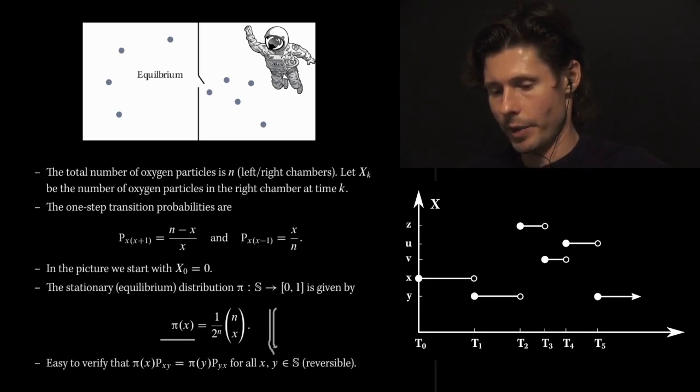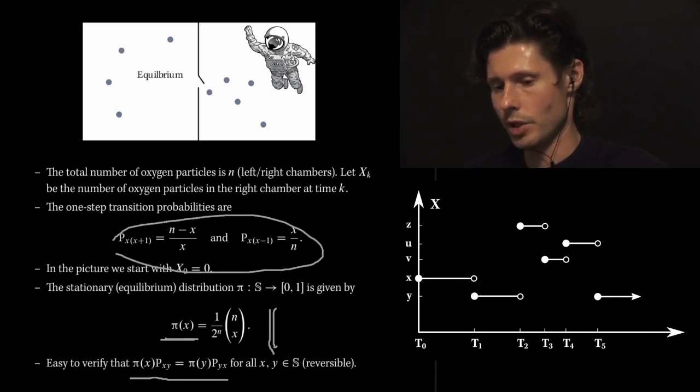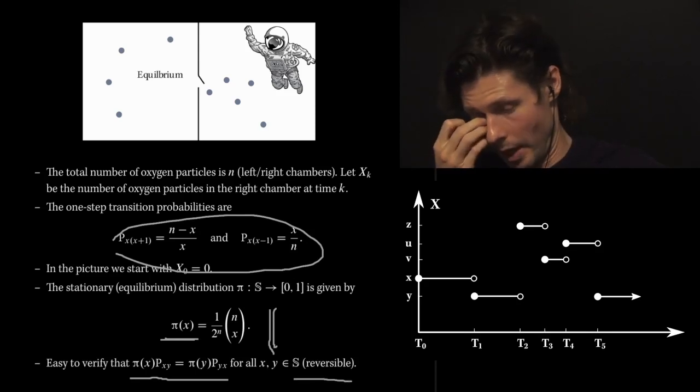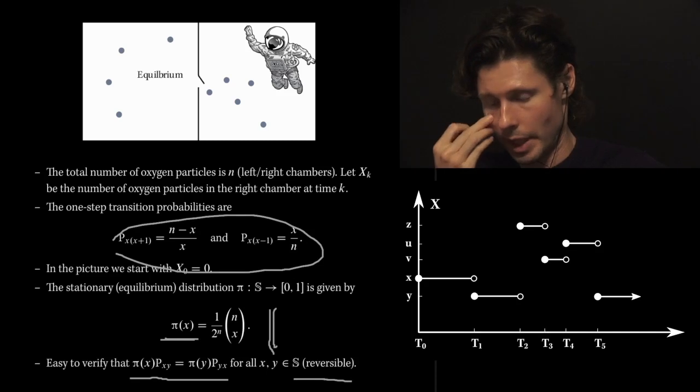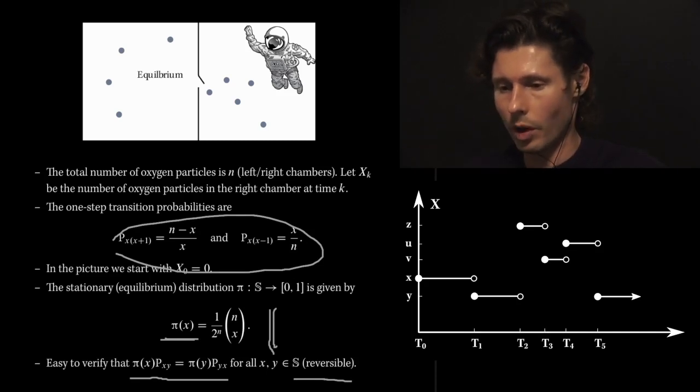From here, you can easily verify that this process is reversible by verifying local balance with this stationary distribution and these transition probabilities. The process is reversible, and that means that potentially from equilibrium, we could go all the way back to the beginning.